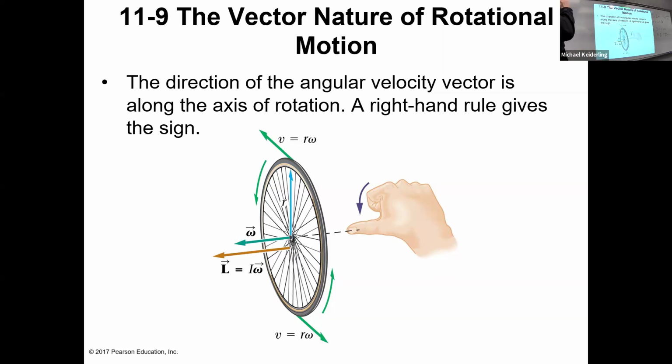And lots of relations, like the torque, end up being cross products.